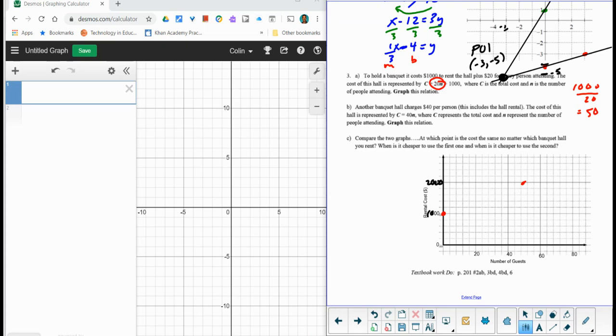So 20 times $20 would be 400. So you could get some other spots here. At 20 people, we'd be at another 400 right here. And then probably at another 20 people, we'd be another 400. So there we go. You can see we're on a good track. All right, we can get a red line here.